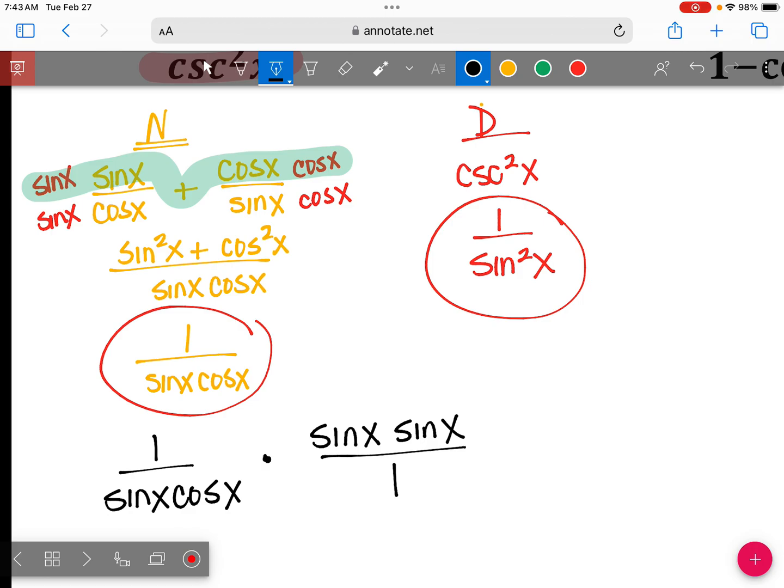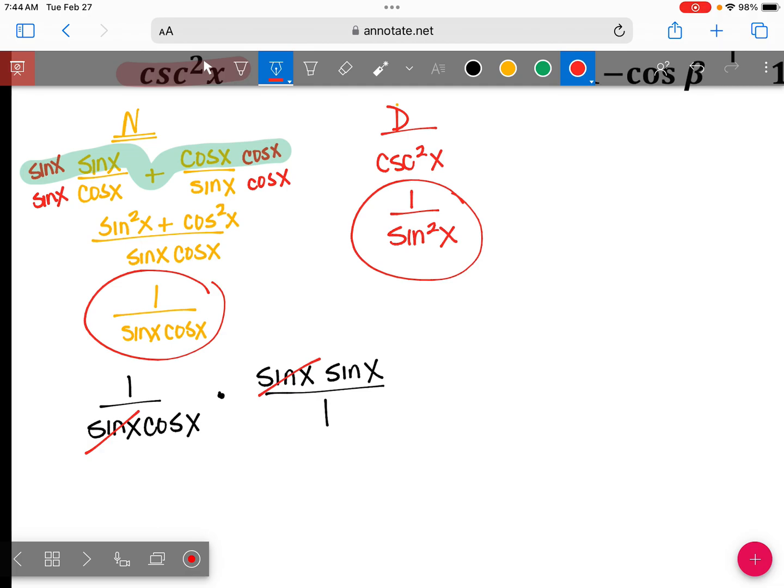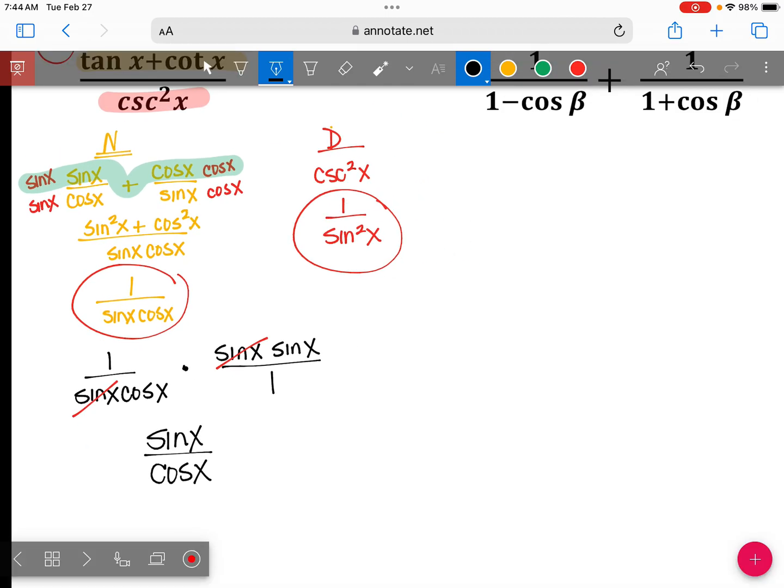So what cancels is just one of the sines. Just one goes away. Which is going to leave me with what over what? Sine over cosine. And what is sine divided by cosine? Tangent.